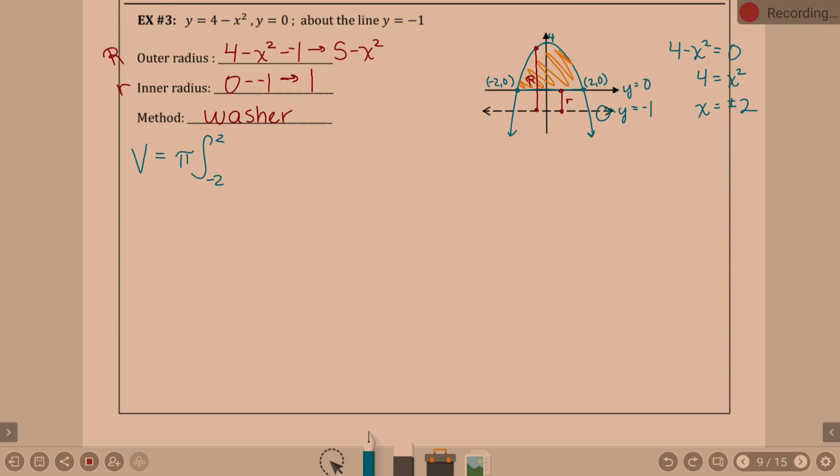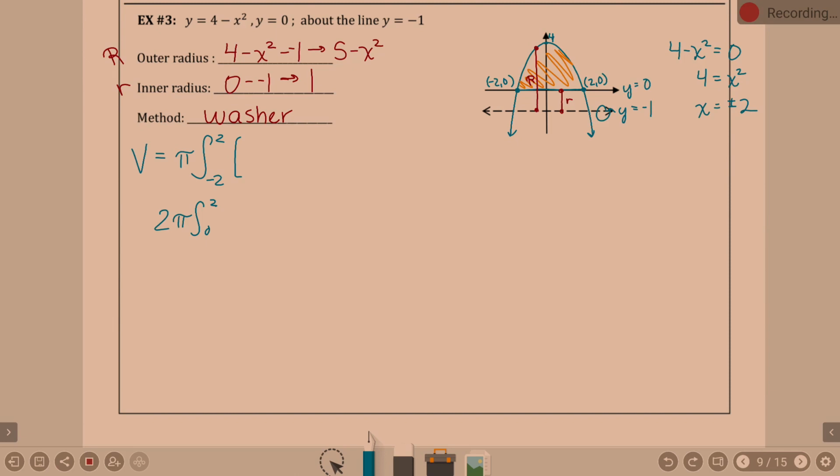Can you make it symmetric? If I look at my notes, guess what I did on the next step? I made it symmetric. Because when we make it symmetric, we can use the zeros. You're going to be able to do 0 to 2, and then out front you'll have a 2 pi instead of a pi. You don't have to, but when you have to evaluate by hand, it makes the evaluation easier, doesn't it?